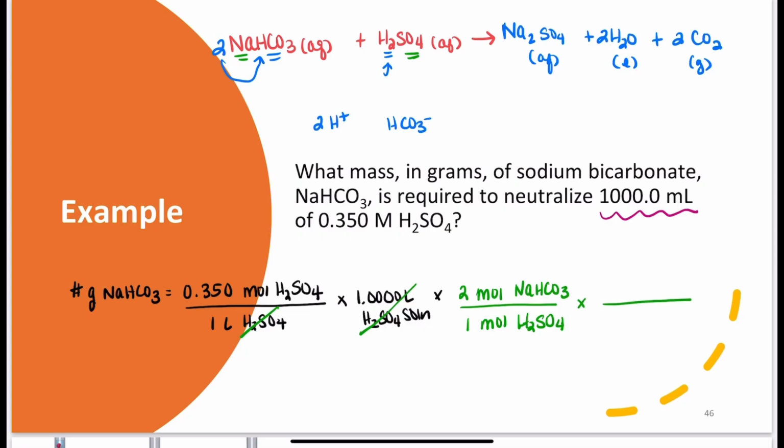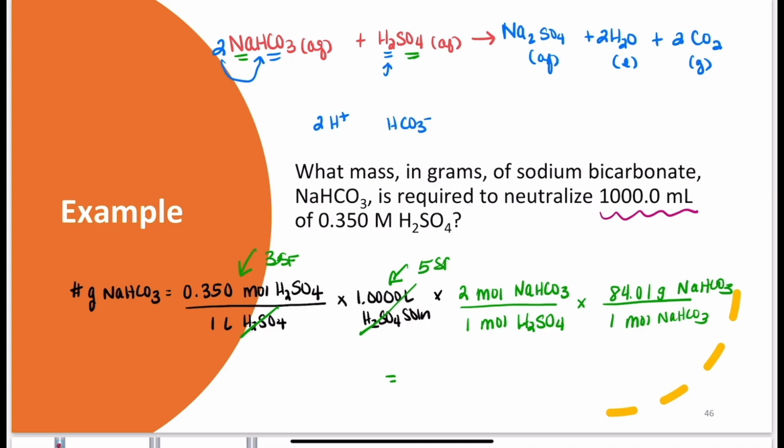Again, remember, I always have a periodic table with you when you're looking these things up because it can really help you guys solve these problems. Great website is ptable.com. 84.01 grams of NaHCO3 for every 1 mole of NaHCO3. Calculate this out. This has 3 sig figs.